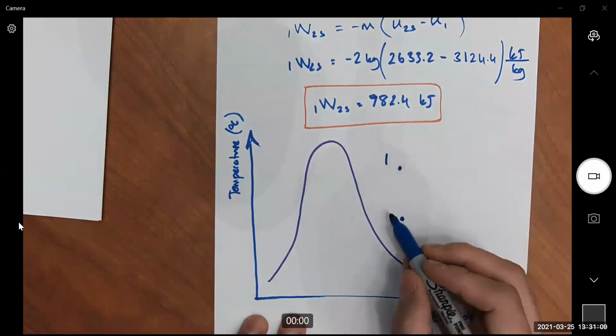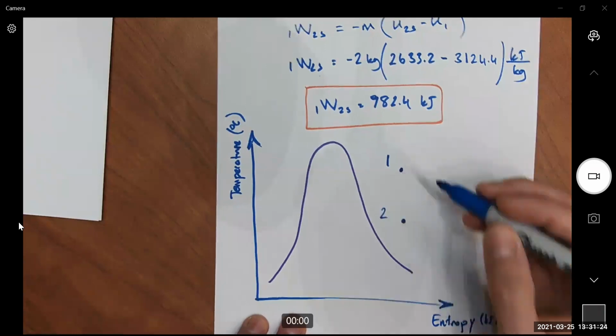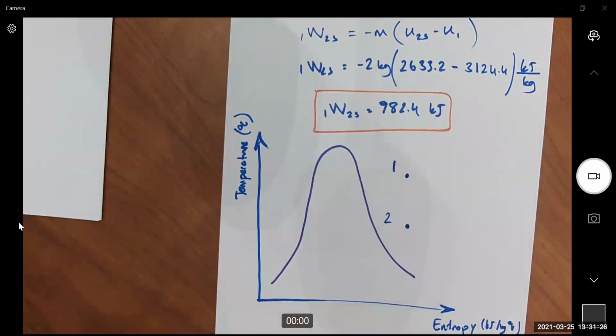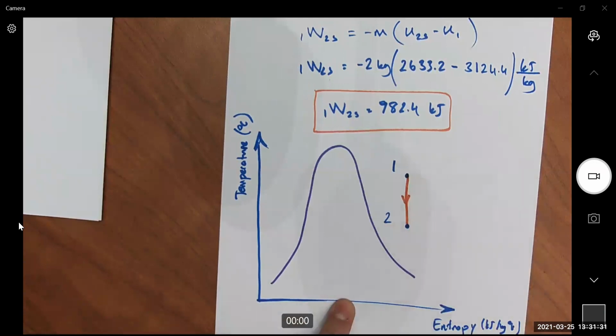This is 1, this is 2. 2 for what? I have two 2s. 2 reversible or 2 irreversible? Correct. So there's no change in entropy from state 1 to state 2.